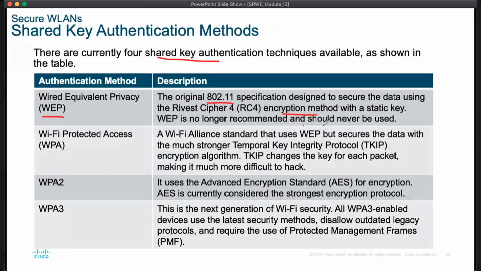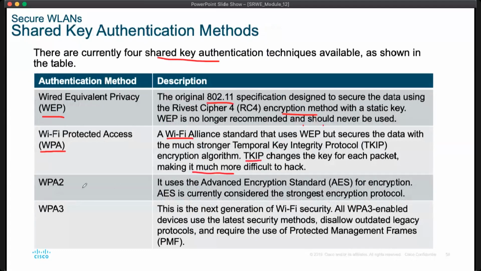Next we have WPA, or Wi-Fi Protected Access, a Wi-Fi Alliance standard that uses WEP but secures the data with a much stronger Temporal Key Integrity Protocol, TKIP, encryption algorithm. TKIP changes the key of each packet, making it much more difficult to hack.